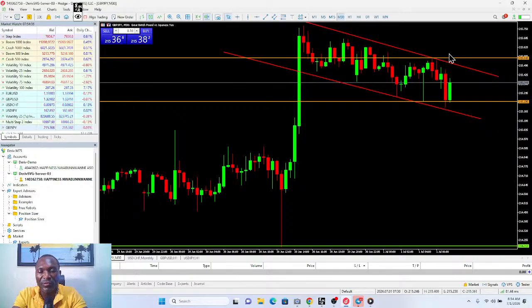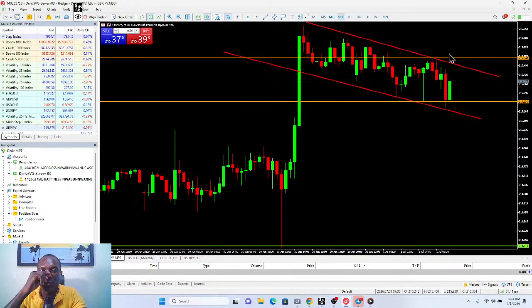I fix it here and I put my stop loss here. How much am I risking? I'm going to use the higher loss side. I go with 5, I'm risking 3 points.